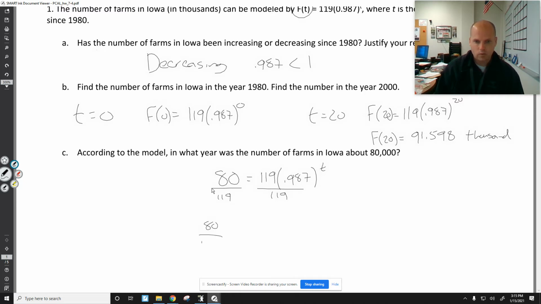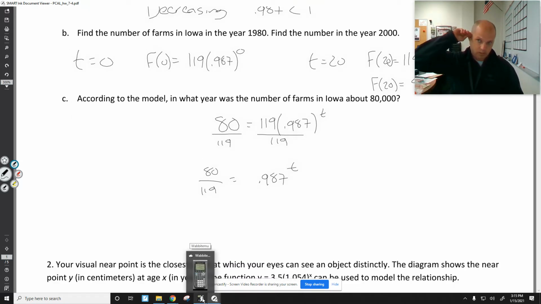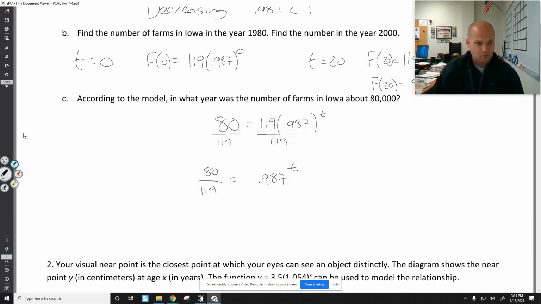You get 80 over 119 equals 0.987 to the t. You can find out what this number is if you want to, but we'll do it in a second. How do I solve for t here? It's 0.987. Well, guess what? There's a log base 0.987 that you can take of both sides.